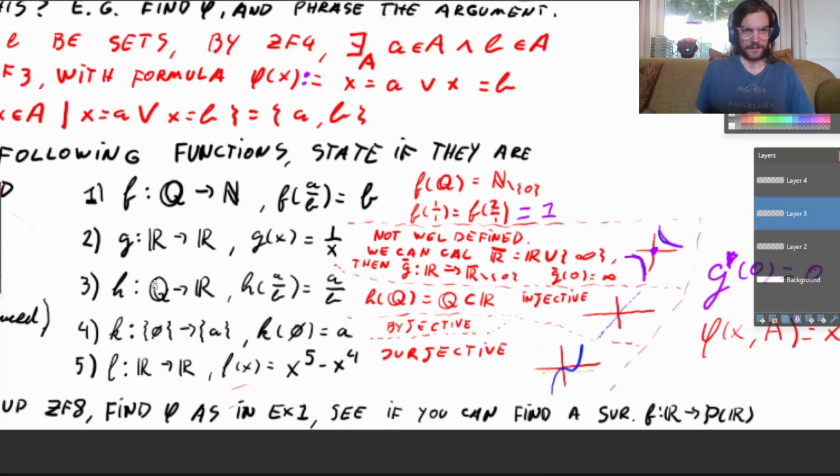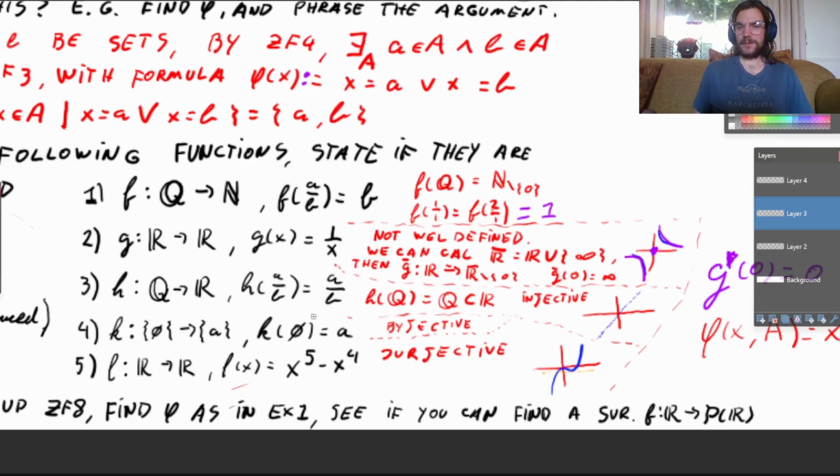Next up, we have the quotients going to the real numbers, and we just do the identity basically, right? So we send them to themselves, but we interpret the quotient as a real number. Of course, not every number is going to be hit here.